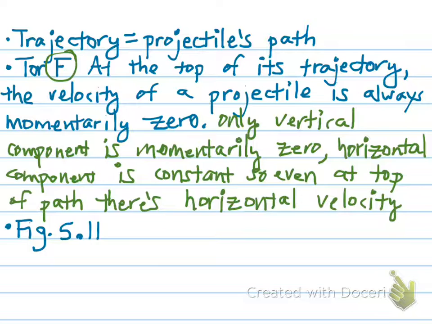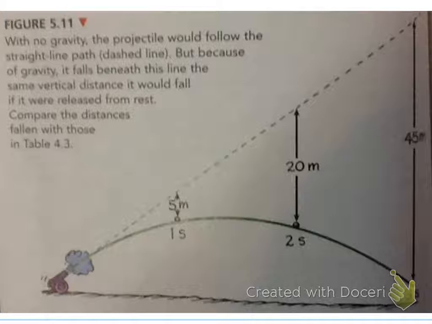Figure 5.11: with no gravity, the projectile would follow the straight line path, the dashed line. But because of gravity, it falls beneath this line, the same vertical distance it would fall if it were released from rest. Compare those distances with those in table 4.3.